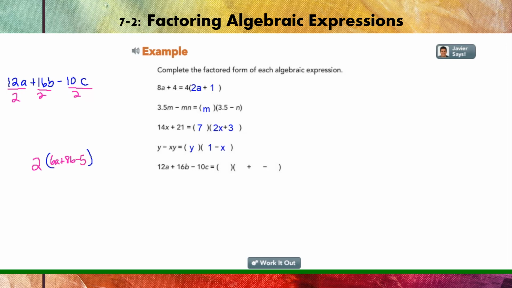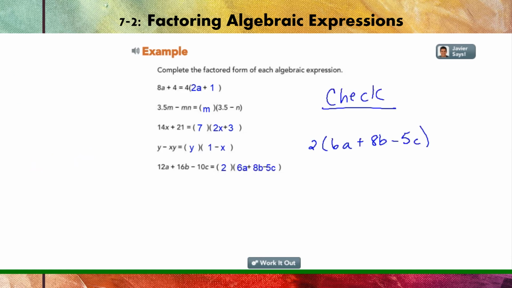So you have to remember to pull out the greatest common factor, and to figure out what's left in the parentheses, you just divide each term by the greatest common factor. In order to check and see if we factored correctly, we can go ahead and expand it by distributing.